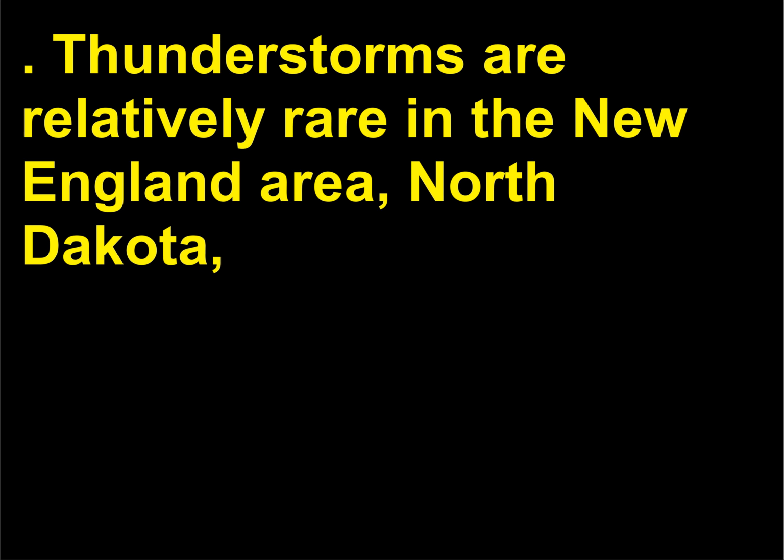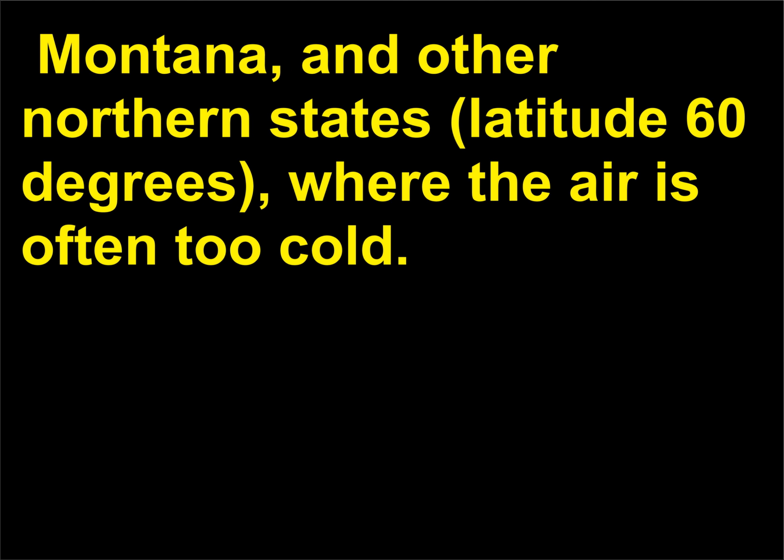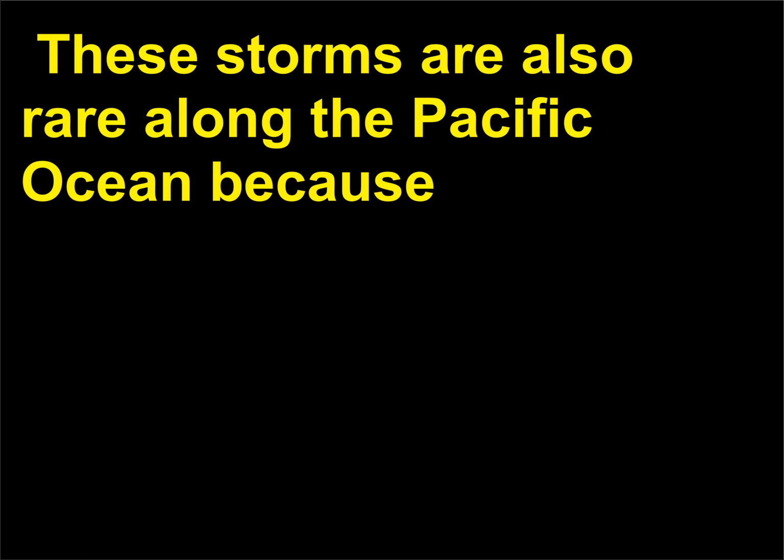Thunderstorms are relatively rare in the New England area, North Dakota, Montana, and other northern states, latitude 60 degrees, where the air is often too cold. These storms are also rare along the Pacific Ocean because the summers there are too dry for these storms to occur.